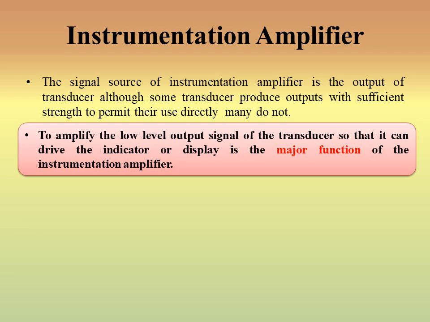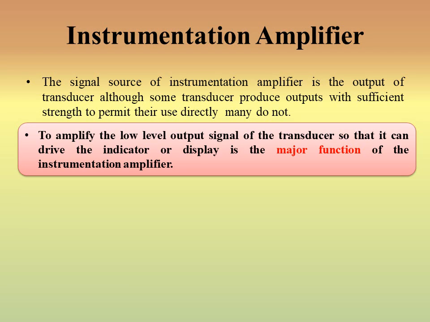is to gather that information that the transducer is providing us, and it should be amplified without distortion in such a way that it can move the indicator, or that signal can be watched on an oscilloscope, or it can be plotted on graphs in the output stage.